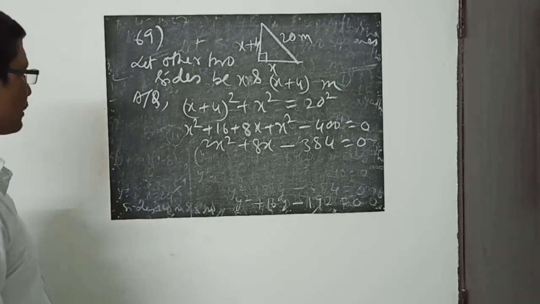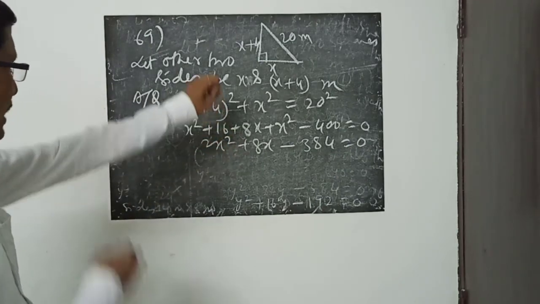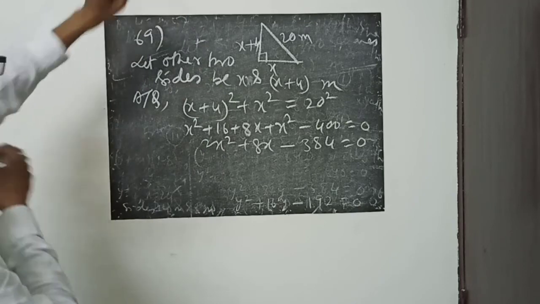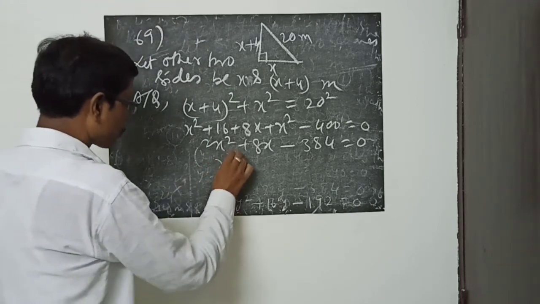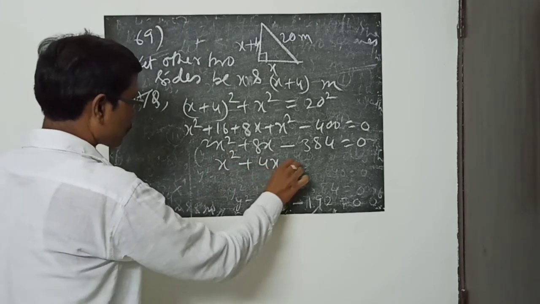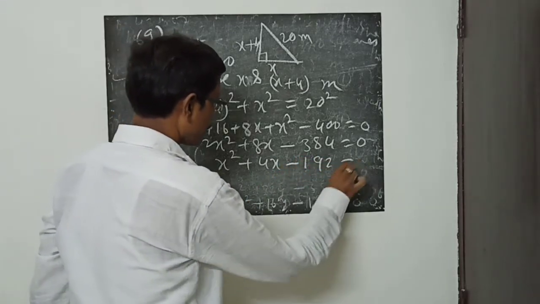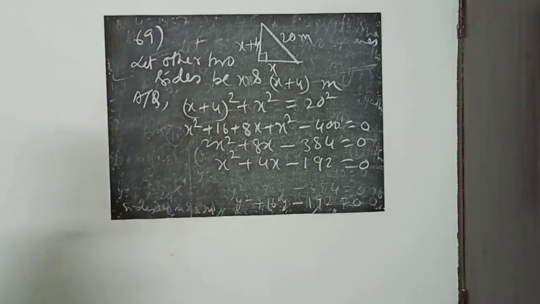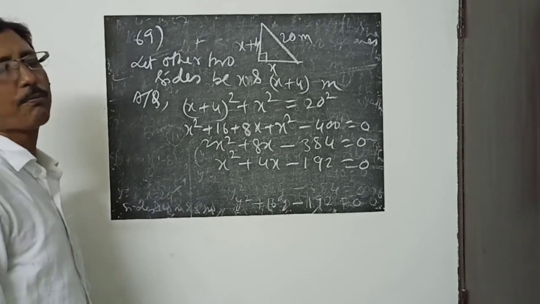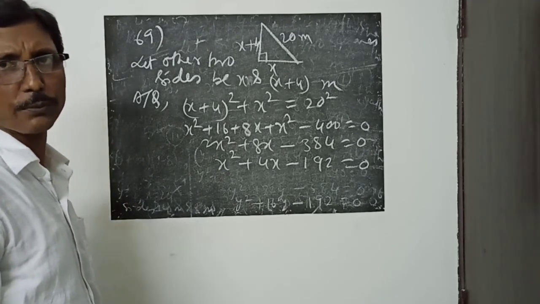If we divide by 2, it will come x square plus 4x minus 192.